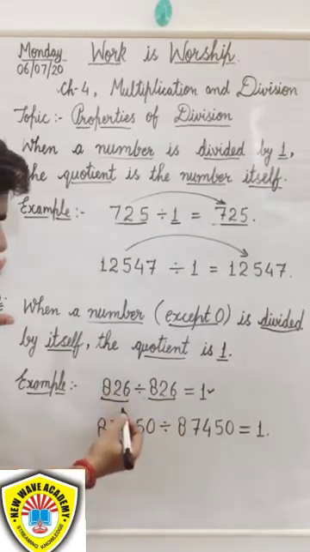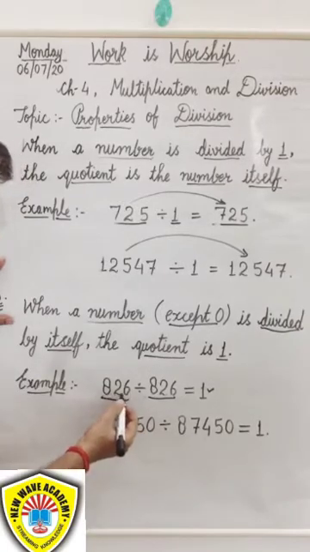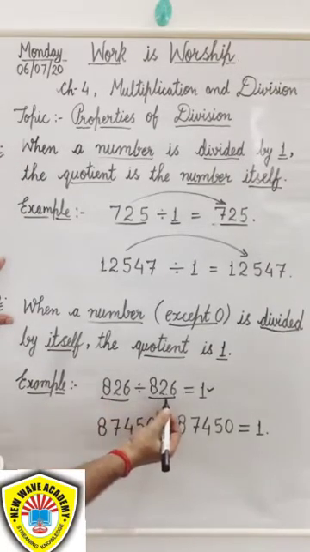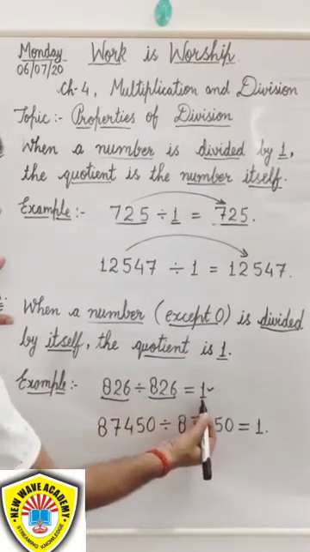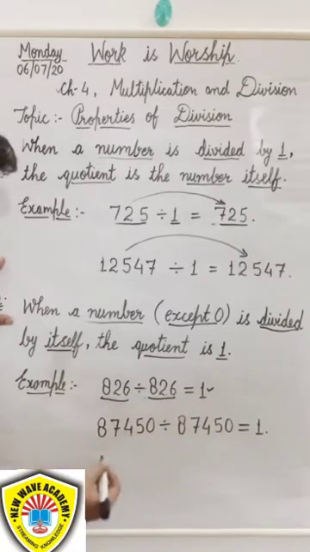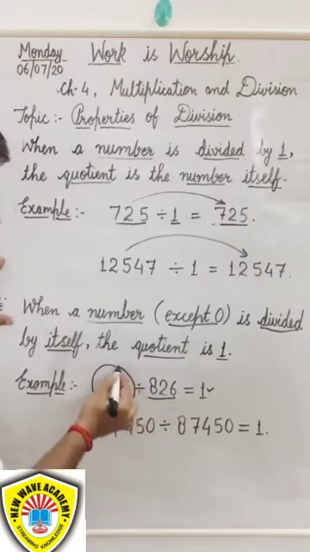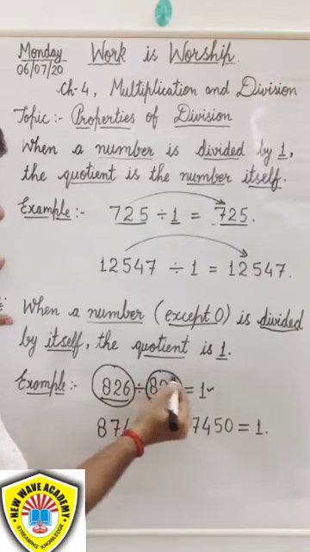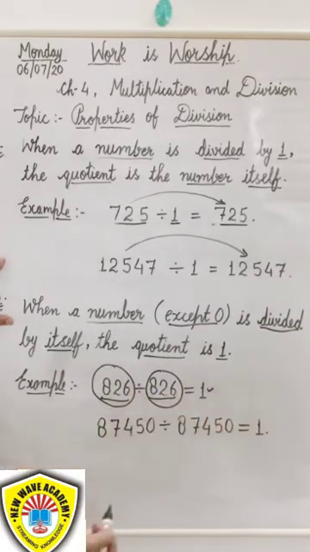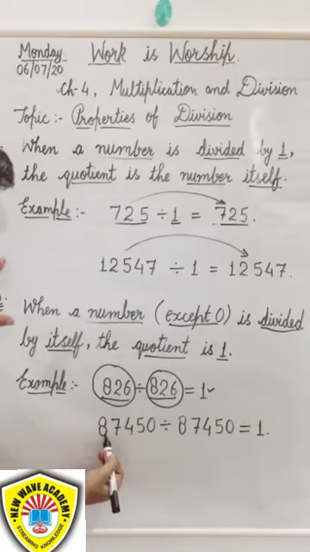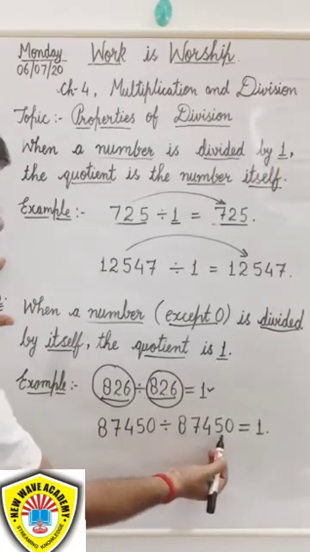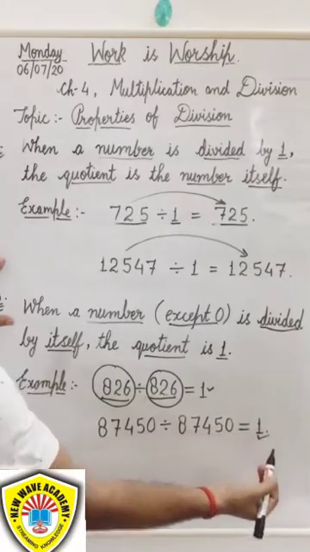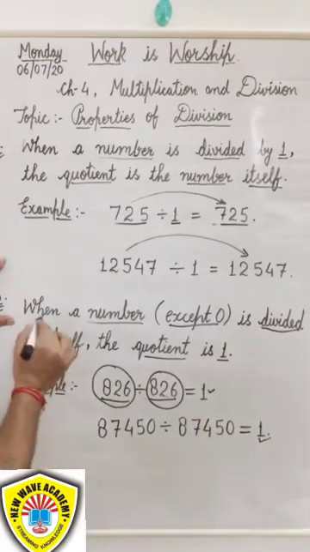Here we observe 826 the dividend and 826 the divisor, both are the same number, and we will get the quotient 1. It means when any number is divided by itself, we will always get the quotient 1. Next, 87,450 is divided by 87,450, the quotient we will get is 1, according to the property.